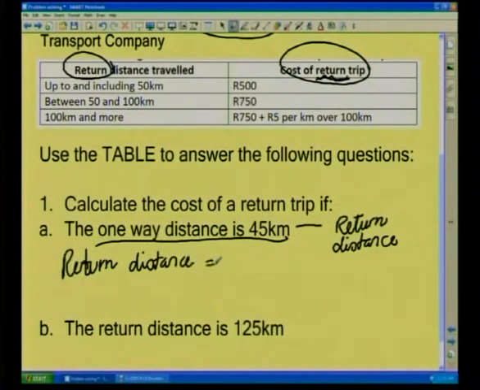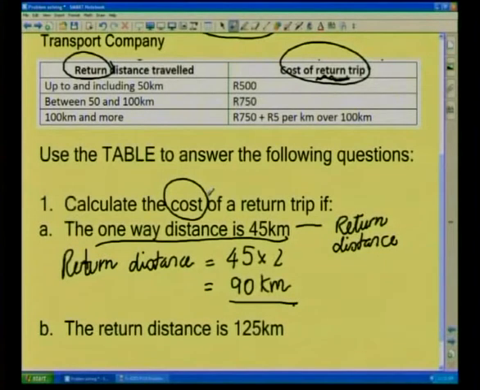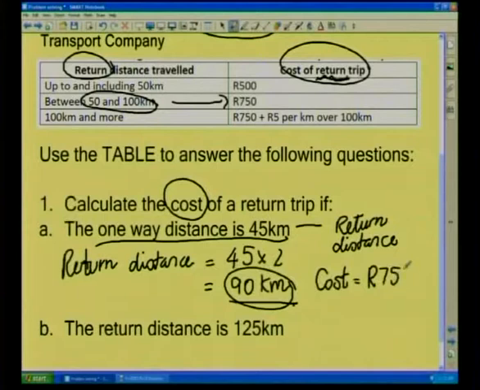It's going to be there and back again, so it'll be 45 times 2, and that will give me a distance of 90 kilometers. If you can't do that in your head, make sure that you use your calculator. And is this my final answer? No, because they've asked for the cost. So I need to look at my table, and I see that if it is between 50 and 100, which is where 90 kilometers falls, my cost is going to be 750 Rand. So my cost is equal to 750 Rand.